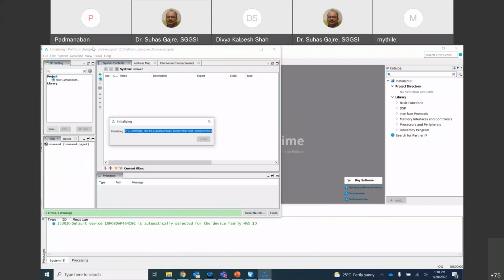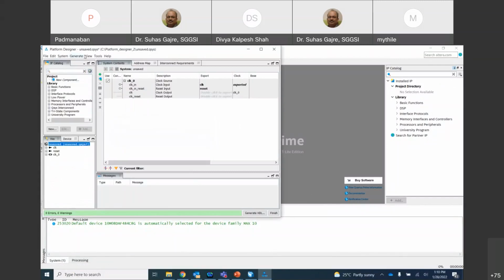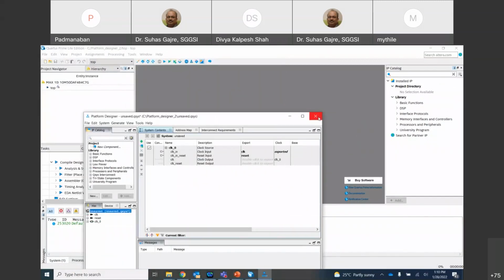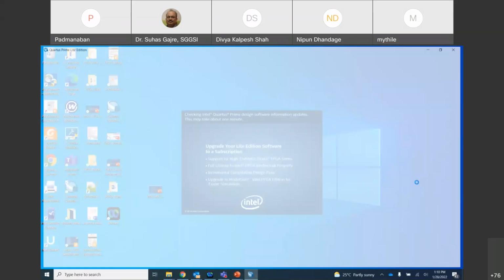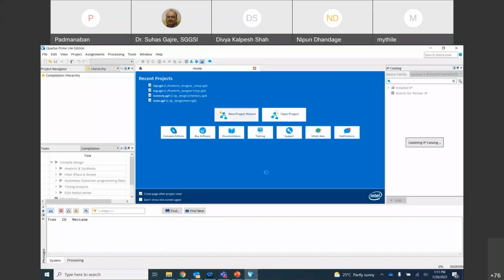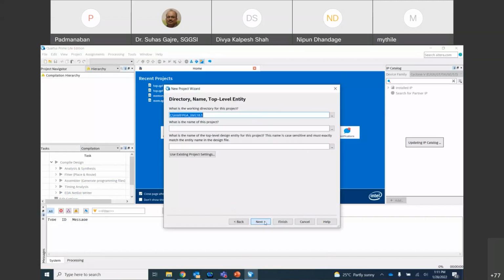Okay, so I have made a mistake here. So let us try with the Cyclone 5 device. So create it.